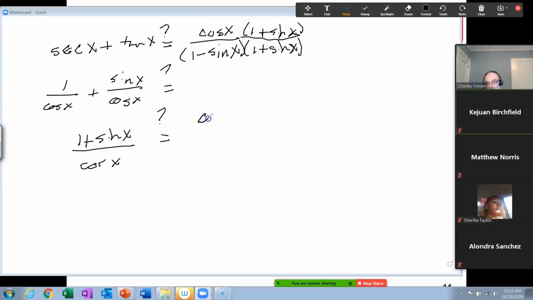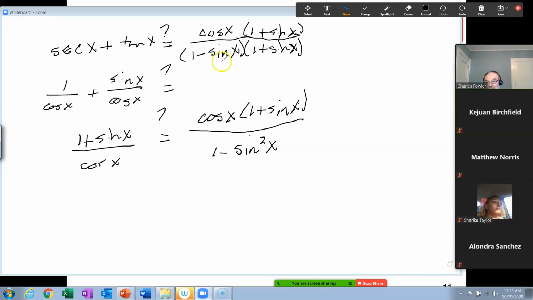This will be cosine x times 1 plus sine x. Leave that numerator factored. And down here we've got 1 minus sine squared x.